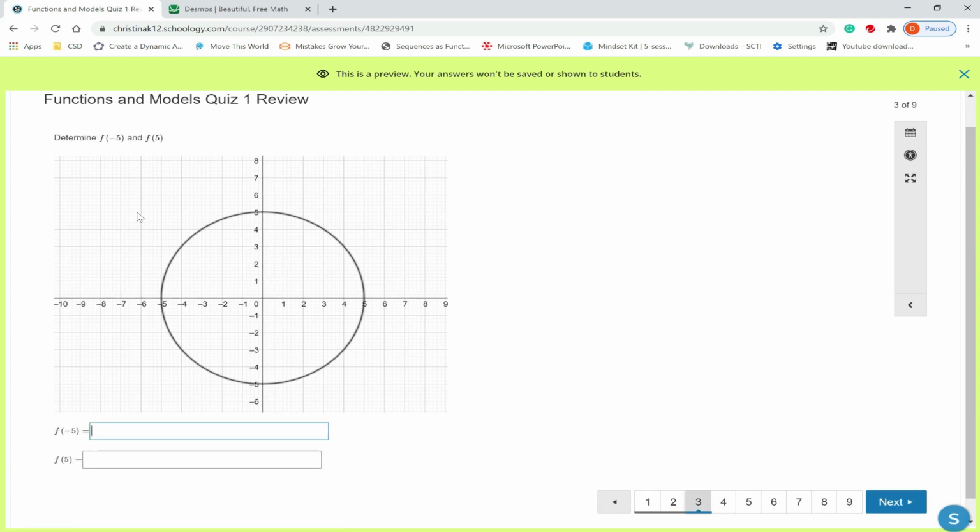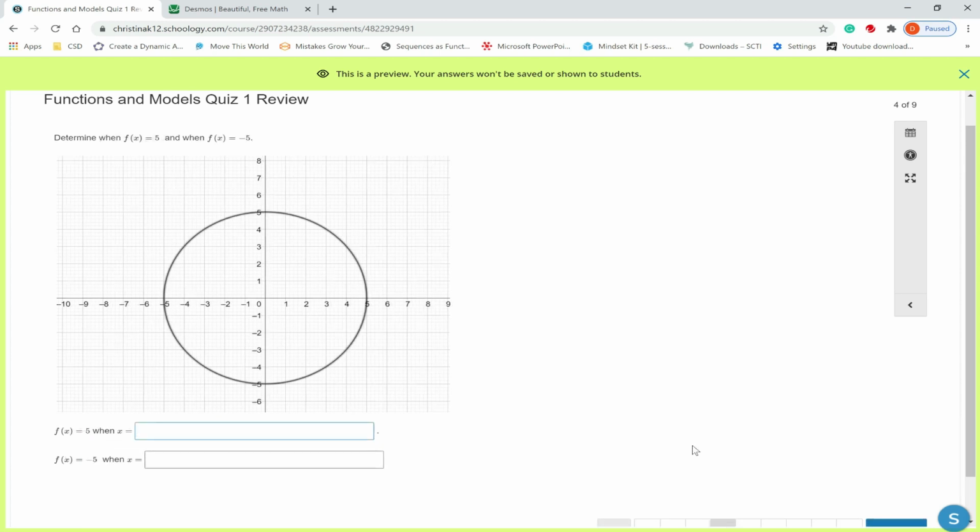Next, we want to determine f of -5. So we find f of -5, which is right here. It's on the x-axis, so f of -5 is 0. F of 5 is also 0 because it's on the x-axis. Number 4.